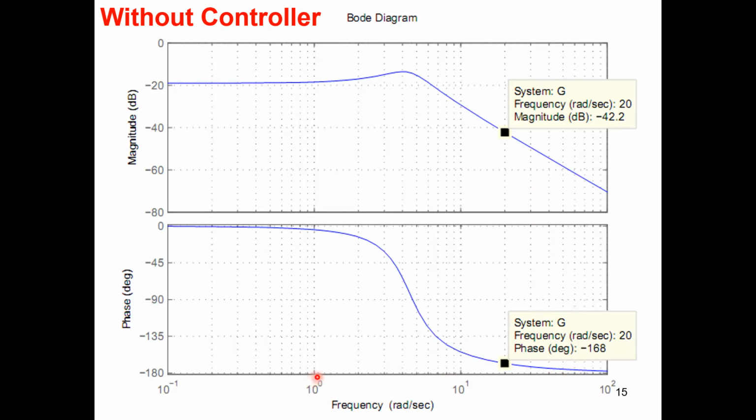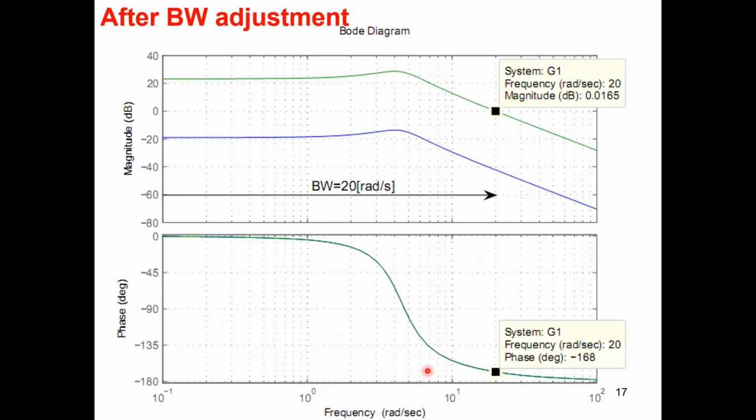So this is 1, 2, 3, 4, 5, 6. What is the speciality of 6 radians per second? Is it a special frequency? That is where gain is dropping below minus 20 dB.